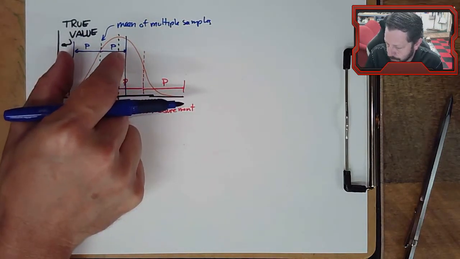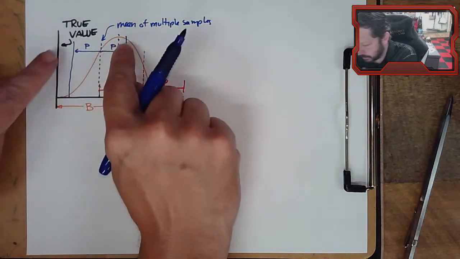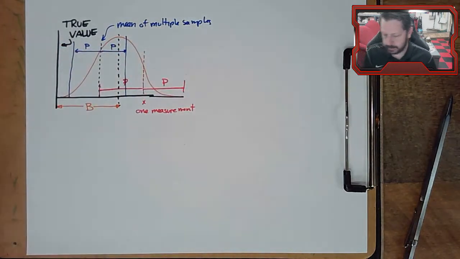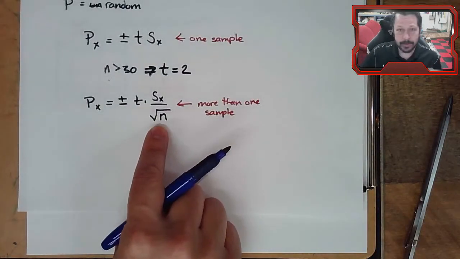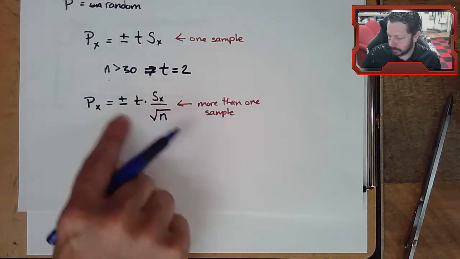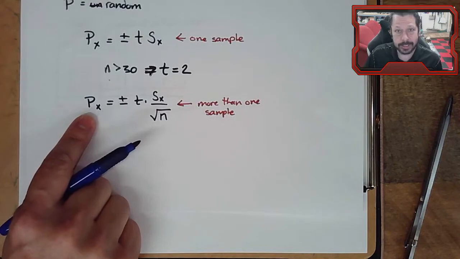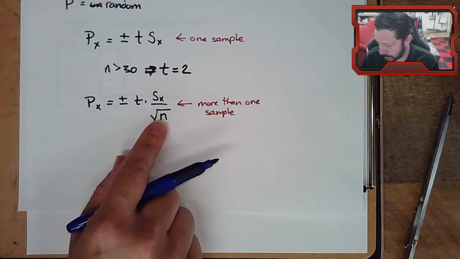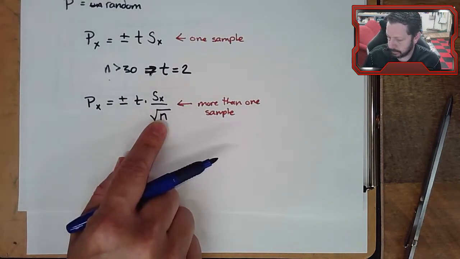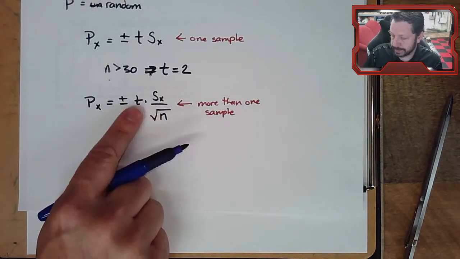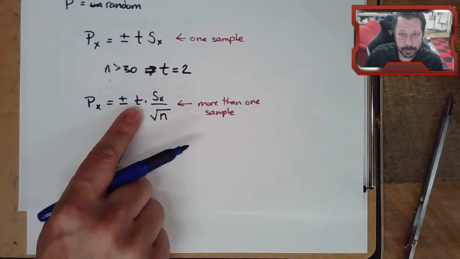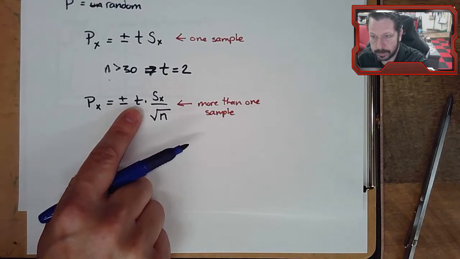And the more and more samples you take, the more you're narrowing down this uncertainty, because you're increasing the denominator in this equation that calculates the uncertainty. And the more samples you take, the t-value also changes. It gets lower and lower. Remember our chart.